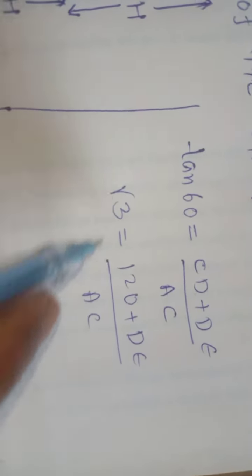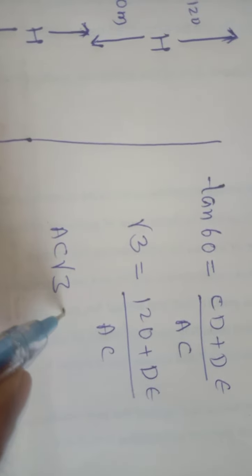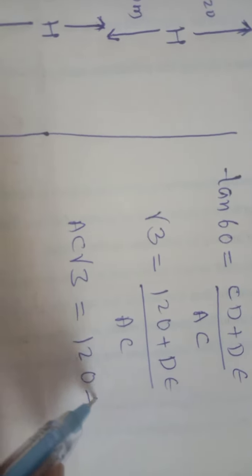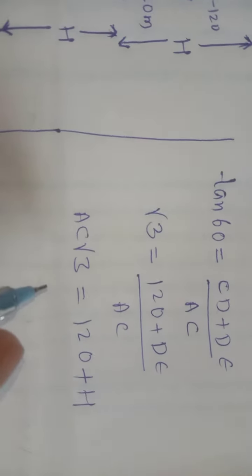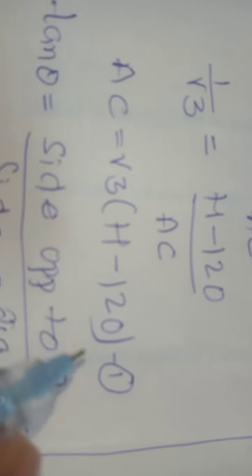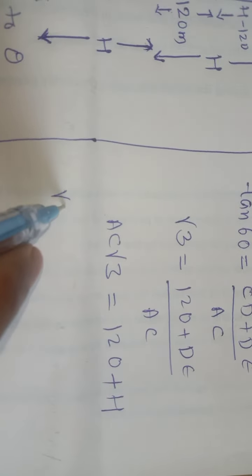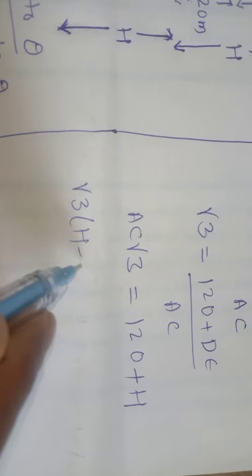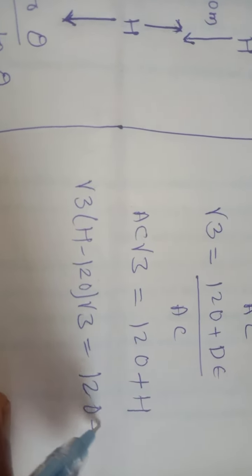If you cross multiply, you will get AC into root 3 is equal to 120 plus DE, which is equal to h meters. Now here AC from equation number 1: AC is equal to root 3 into h minus 120. Let me put it here: root 3 into h minus 120 into root 3 is equal to 120 plus h.